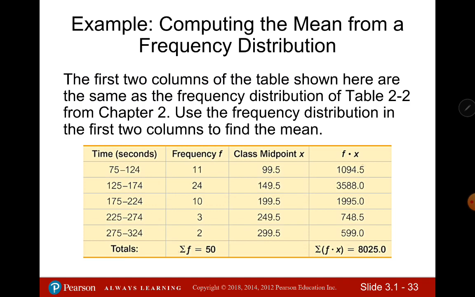Just like I said, first we should get the product of frequency times midpoint. So first we do the multiplication. After that we do the addition. Make sure you understand the formula well. First do the multiplication, then get the sum of the 5 products, then divide by n or the sigma f.